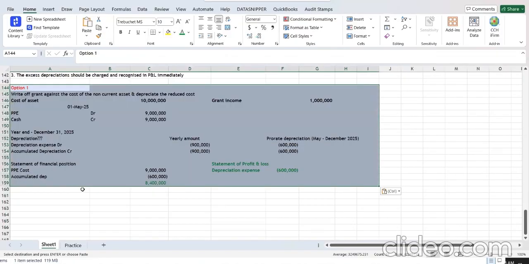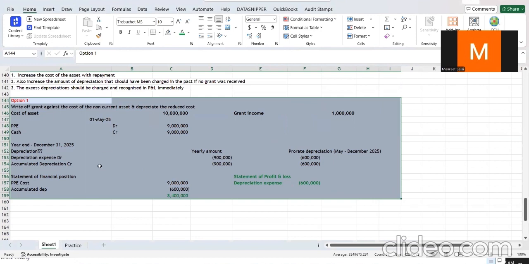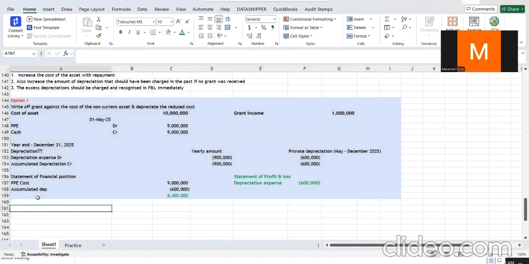So I'm just copy pasting here for your reference. If we were recording the depreciation expense, netting off the amount of government grant income that we received, then we would record depreciation yearly amount of 900,000, but prorated amount of 600,000, right?